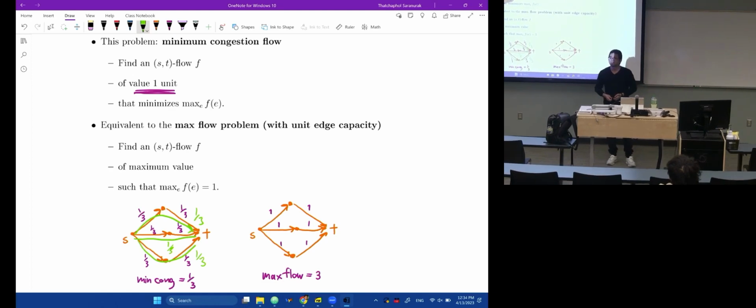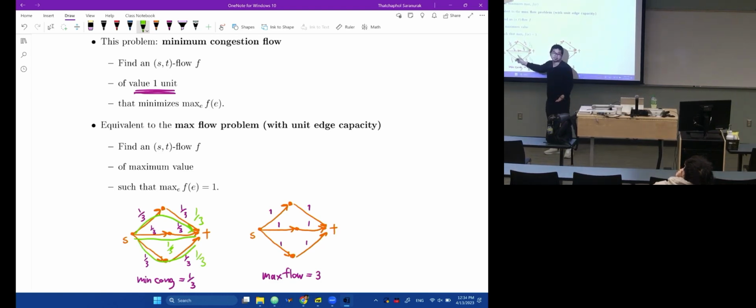Make sense? So they are really the same problem up to scaling. Here you force that the capacity is at most 1. Here you force that the value is 1, and you try to maximize the flow. They are the same.